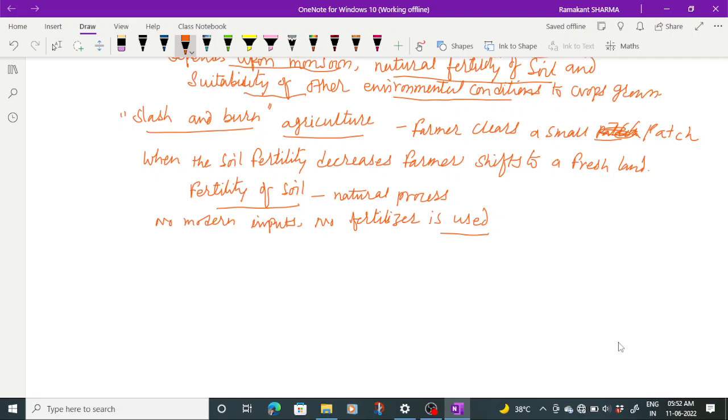I think up to now you might be at such a situation where you can think of some similar type of farming. Can you name, please stop here, and can you name some such type of farming?